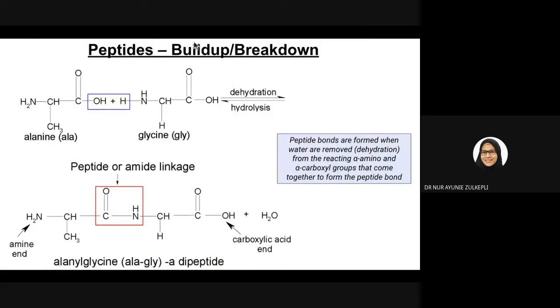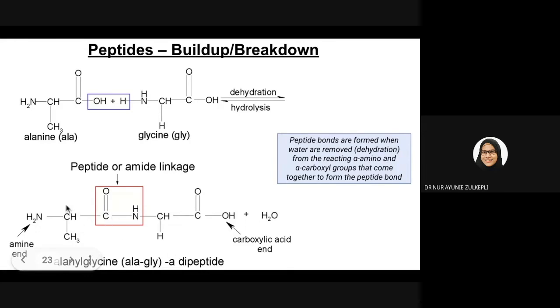So this is an example of how alanine binds to glycine. This is the carboxyl group from the alanine and the amino group from the glycine. Through the process of dehydration, removing a water molecule, they are bound with a peptide bond here.